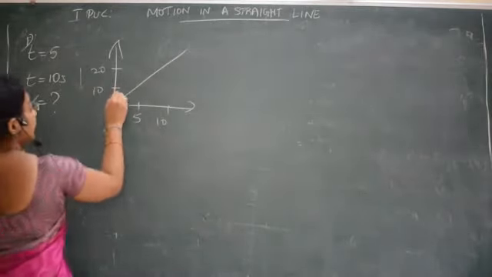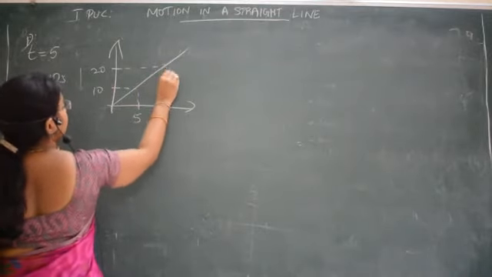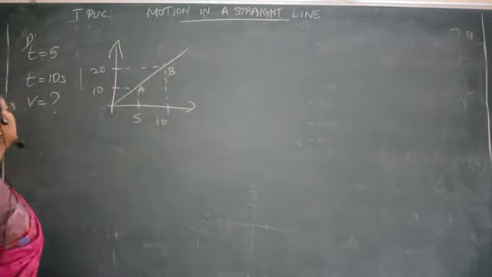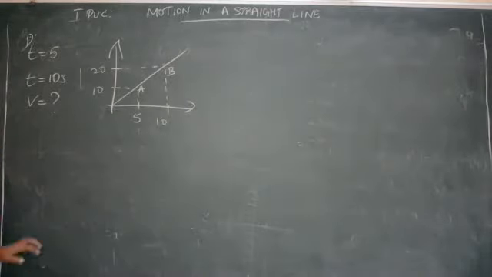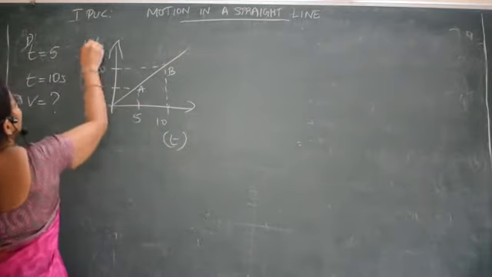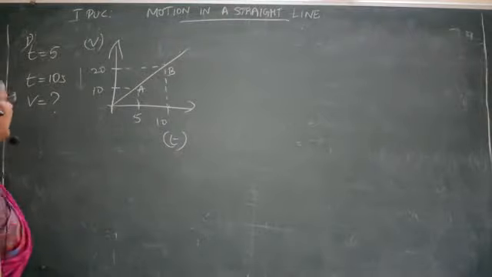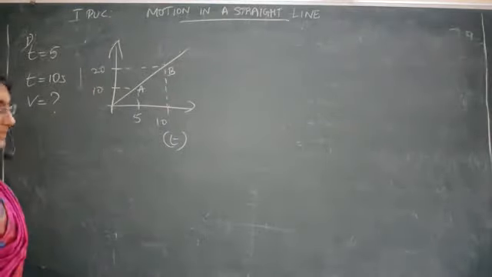A, B. This is time, this is velocity. You have to calculate velocity. This is x, displacement.